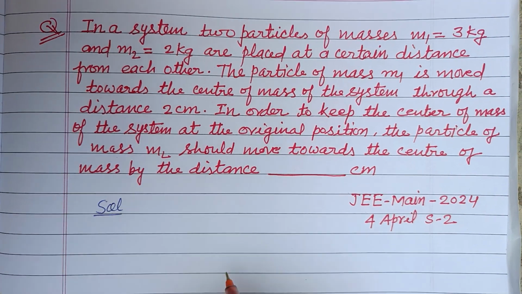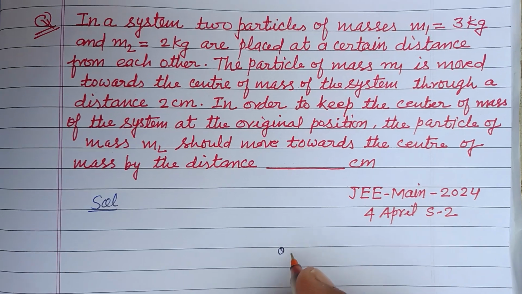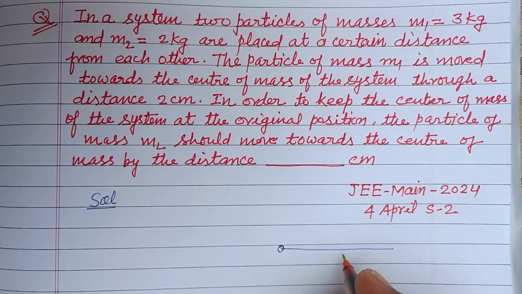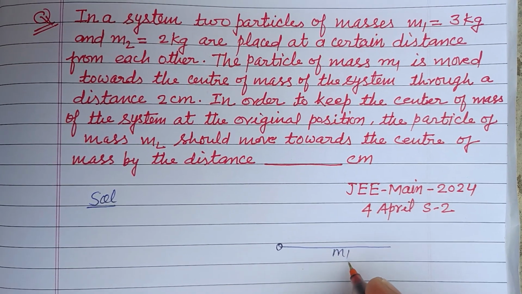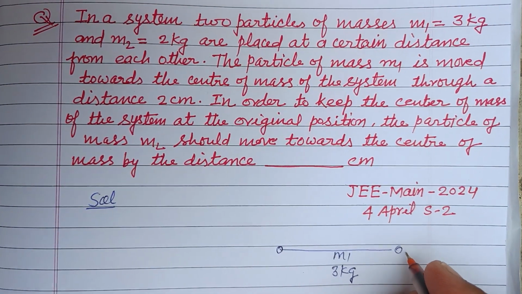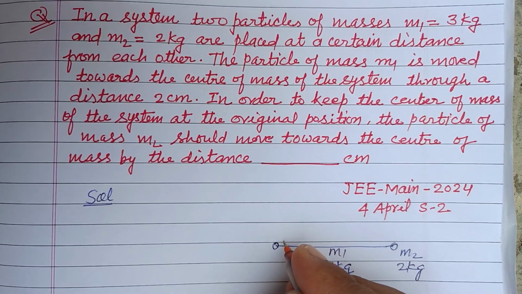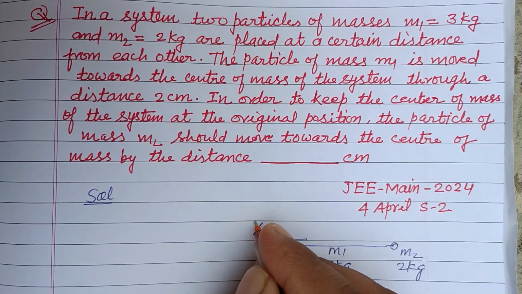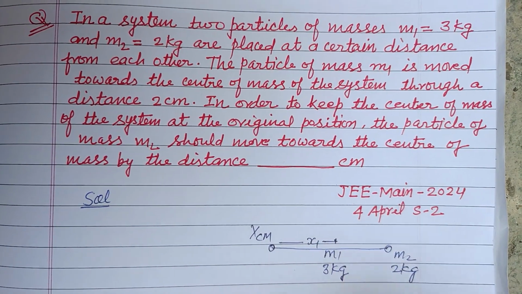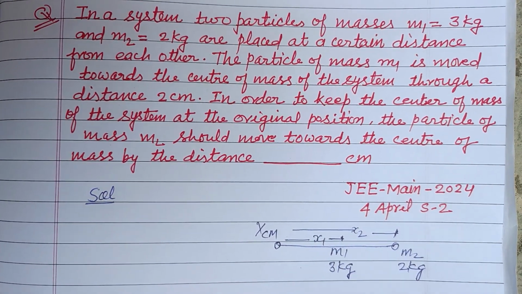So here, students, is a two particle system. Let the center of mass be this, and the particles are placed. This is m1, mass 3 kg, and m2, mass 2 kg, and the distance of the center of mass, this is xcm, is x1 from m1 and x2 from m2.